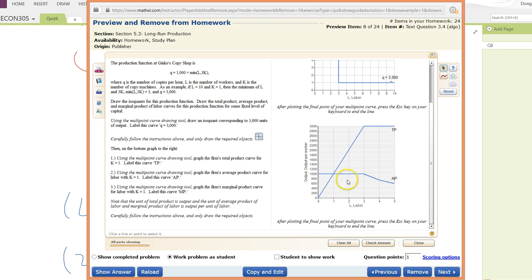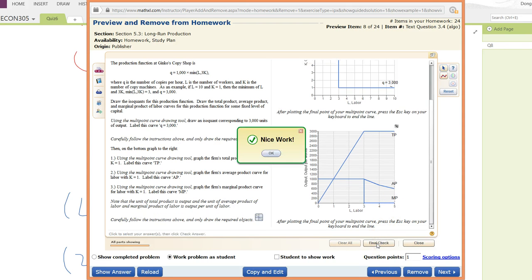So now we can draw this MP curve. When L is less or equal to 3, MP equals AP. Hence, they coincide with each other. But after that, they diverge because when L is greater than 3, MP equals 0. Hence, that's our MP.